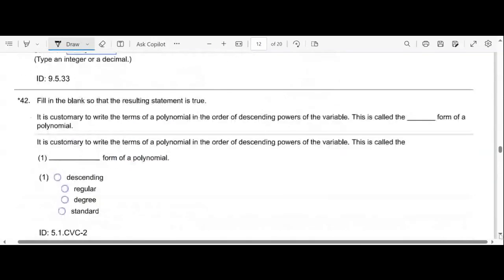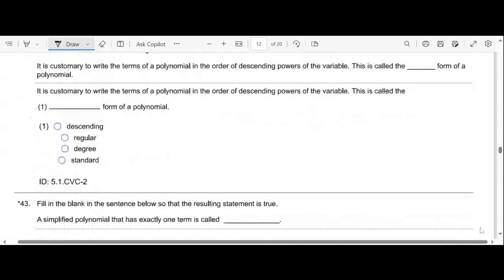Fill in the blank. It is customary to write the terms of a polynomial in order of descending power, from the big to the small. This is called standard form of a polynomial.